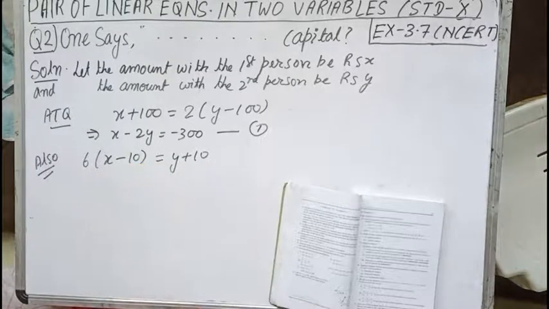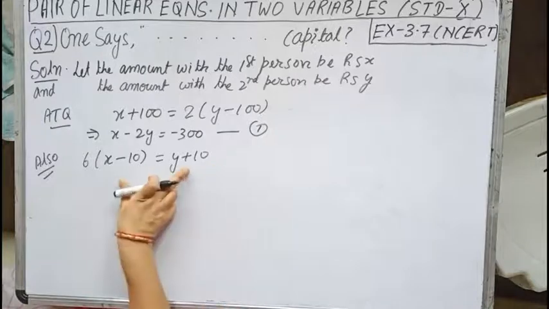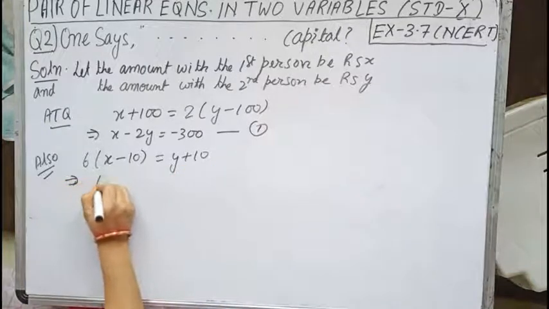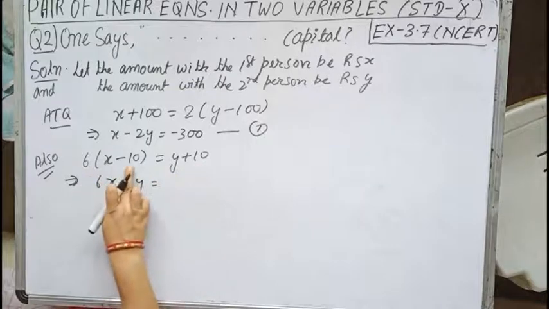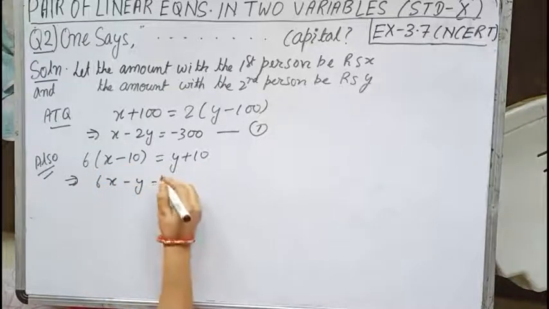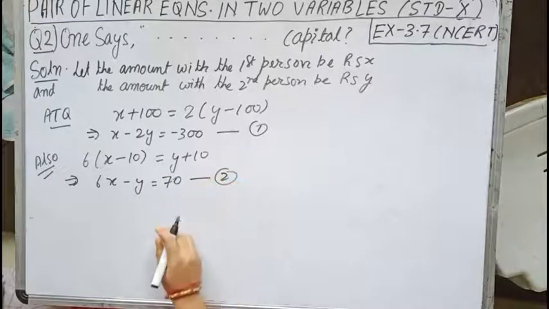I think you get this expression. Now we have to solve these two equations to get the value of x and y. First let us simplify this equation. This implies 6x minus y equals 10 minus 60. This will go this side, so it will become plus 60. So this is expression number 2.